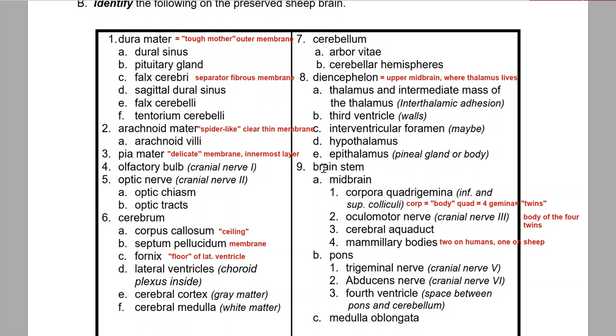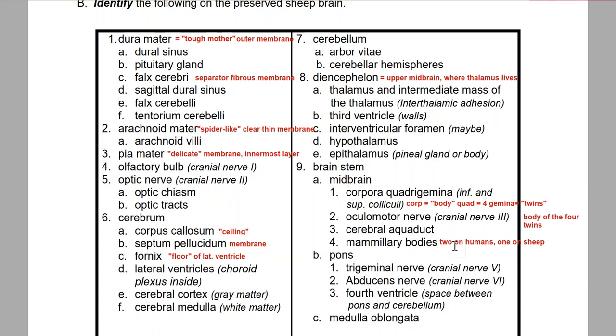Then in your brainstem, in the midbrain area on the back side, you'll see corpora quadrigemina. So that's the body of the four twins, remember? You'll see on the brainstem the oculomotor nerve, that's on the front of the brainstem. Cerebral aqueduct you'll see on a sagittal cut of the brain. Mammillary bodies is a bit of tissue.